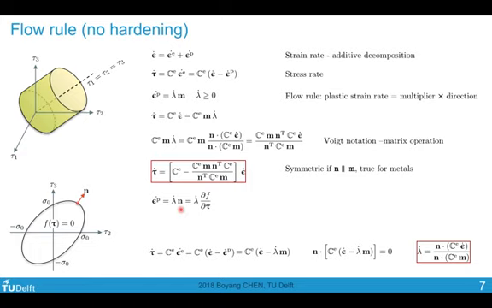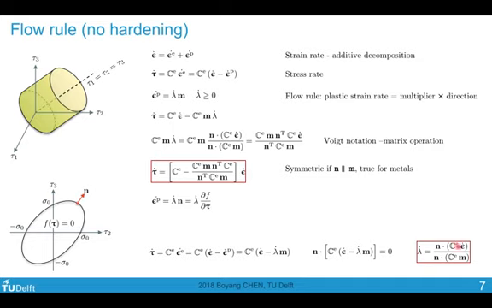So if m and n are collinear, or m equals n, we can simply write that the plastic flow rate is the plastic multiplier times n, which equals partial f over partial tau. And f, we know the expression of f, and tau, we can obtain and evaluate at this point, which is known to us, and then obtain the expression of plastic flow rate.